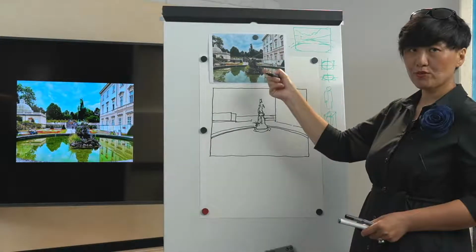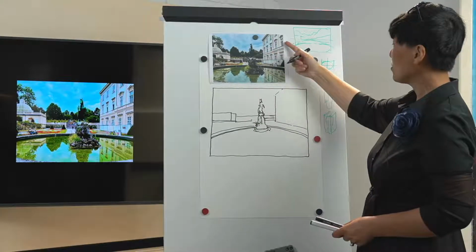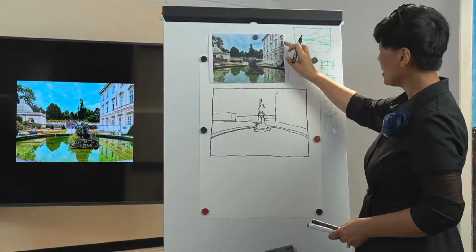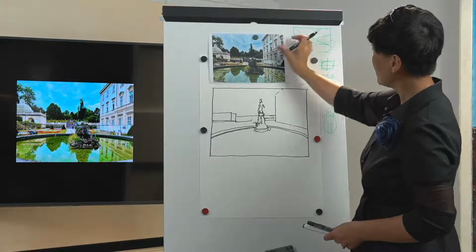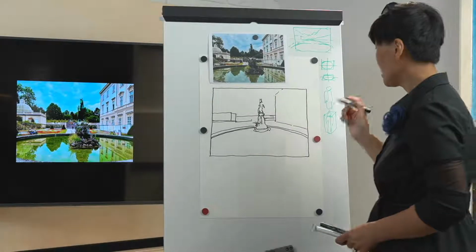I will show you how I guess for the windows, because all the windows are very clear to see. The one near you is bigger, and the one far away is smaller. So this you need to remember.